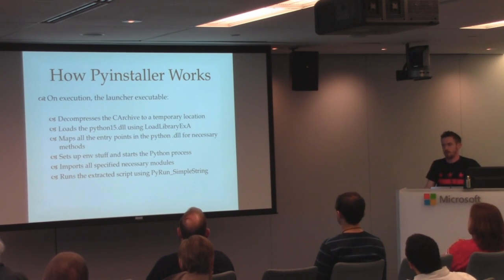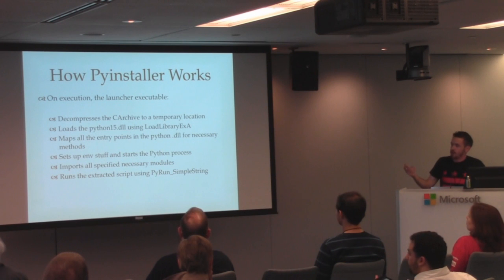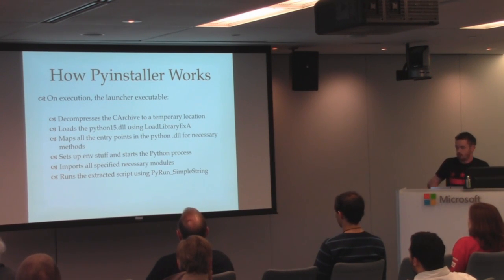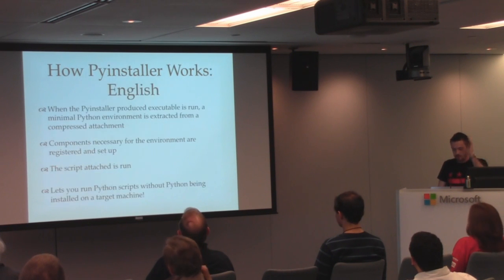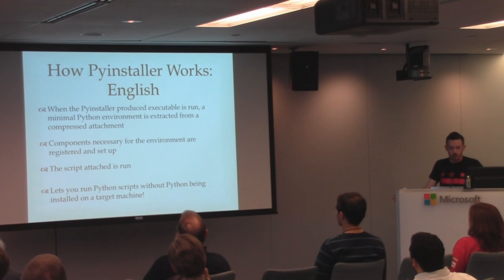We actually have AES modules included, encryption, networking type things, whatever you need. And then the extracted script is run using this exposed DLL function, PyRun_SimpleString. So in English, a minimal Python environment is extracted, the components are set up, and the script runs. It's really nice in that you can run Python scripts without having Python installed on the target machine.